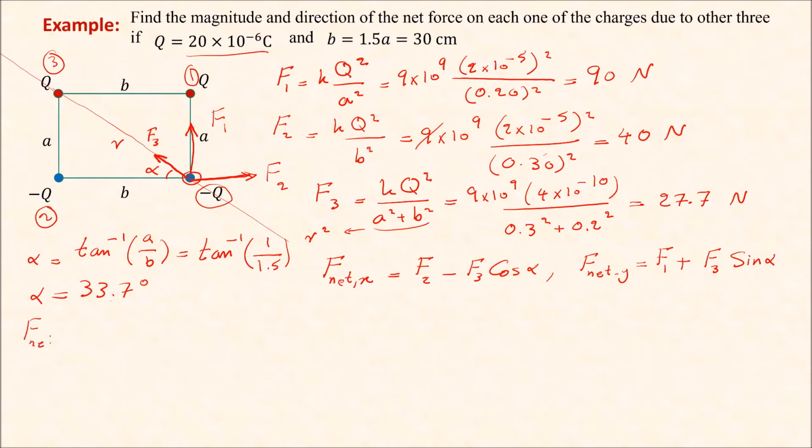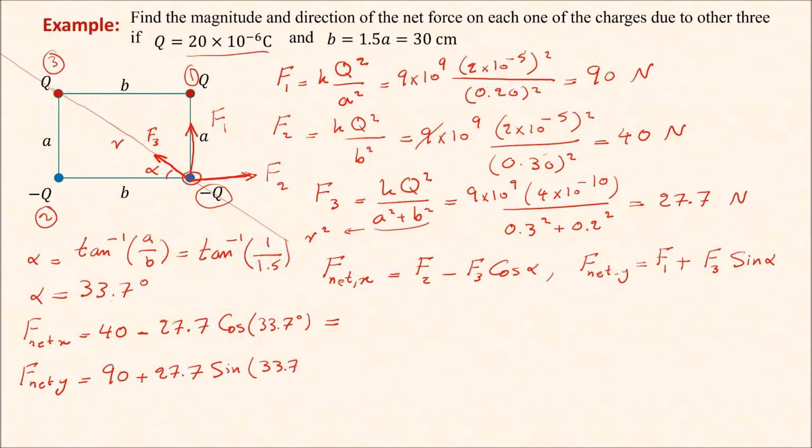F net X is F2, which is 40, minus F3, which is 27.7, times cosine of 33.7. And what does it come to? And F net Y is F1, which is 90, plus 27.7 sine of 33.7.